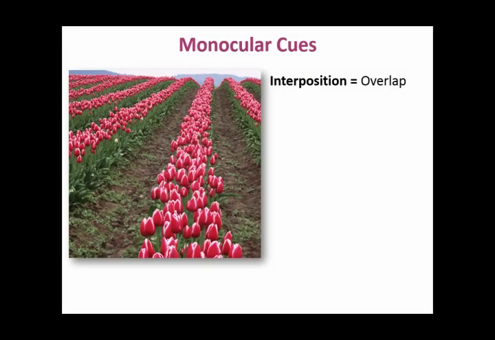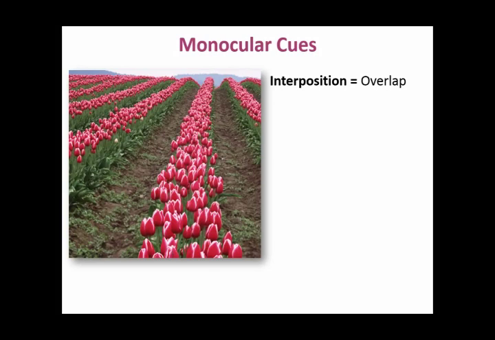All right. First off, we have what when I was a student they called overlap, but I guess the world's gotten more complex, so we need a better name for it, so we'll call it interposition. Interposition refers to how the things that are closer to us will overlap or obscure our view of the stuff that's farther away.